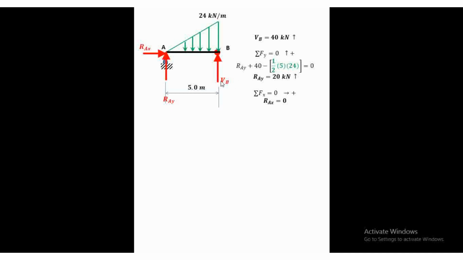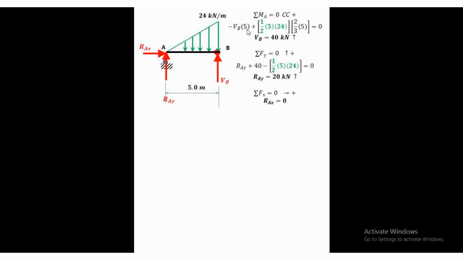Then, I have VB. Now, if I'm going to use summation of moments at point A, clockwise positive, VB's moment about point A is counterclockwise.